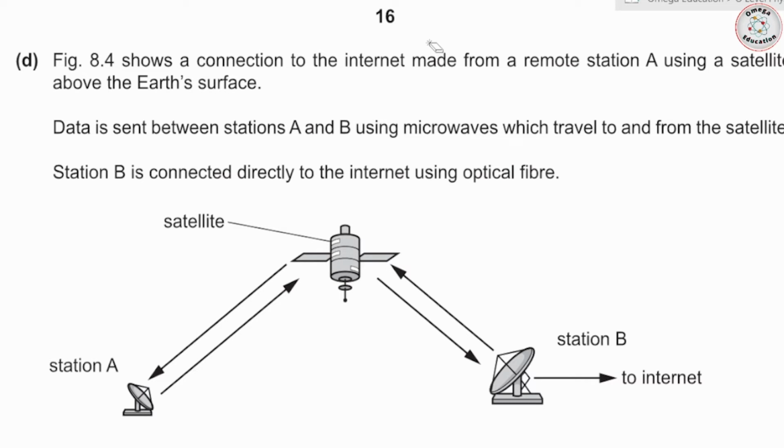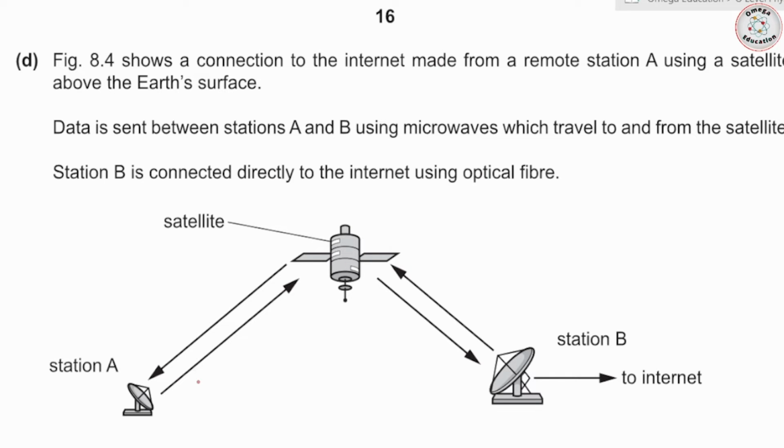Figure 8.4 shows a connection to the internet made from a remote station A using a satellite above the Earth's surface. Data is sent between station A, this is station A, and station B. We're not sending the data directly from station A to station B because there might be a lot of obstacles and you need to consider a lot of things, right?